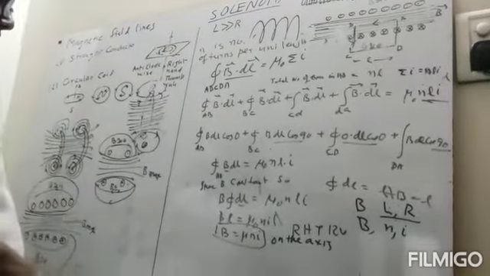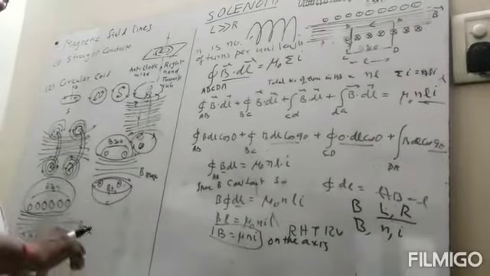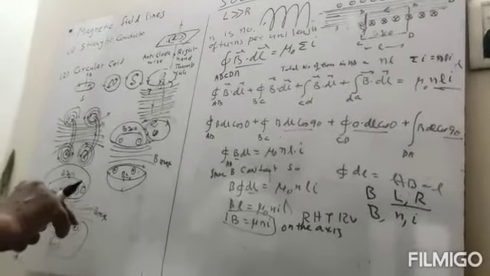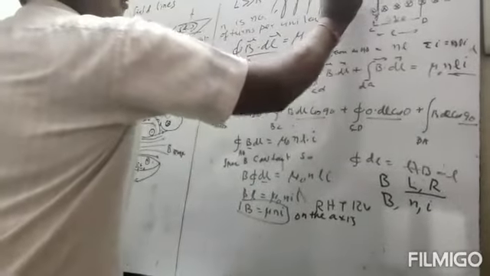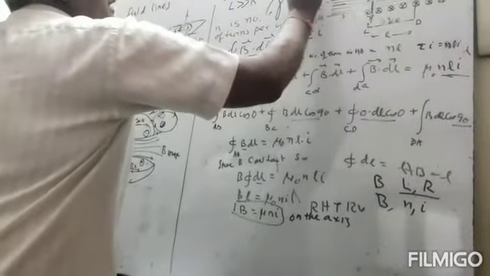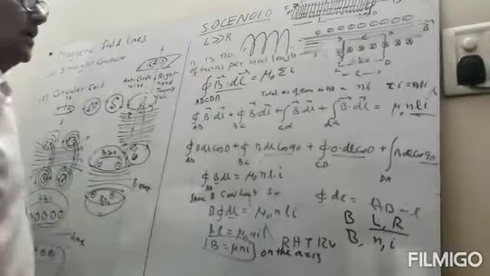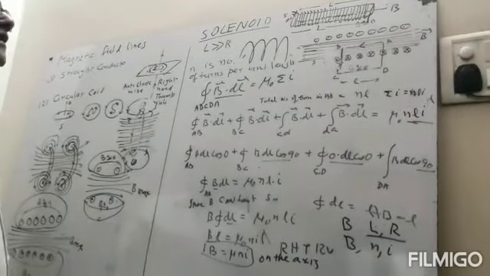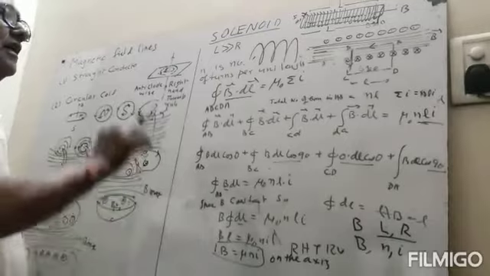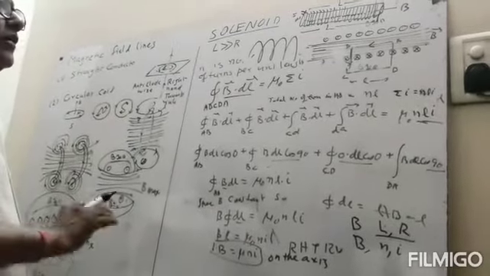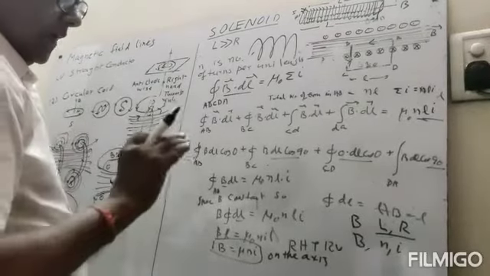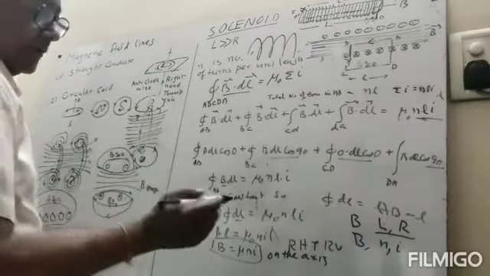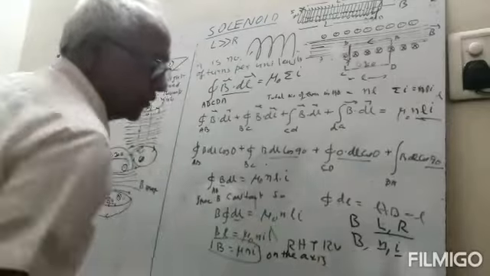So the magnetic field for this solenoid will not depend upon the length of the solenoid, which is the total length, and it doesn't depend upon the radius of the solenoid. It will only depend upon the number of turns per unit length, that is equal to small n, and the current passing through it.